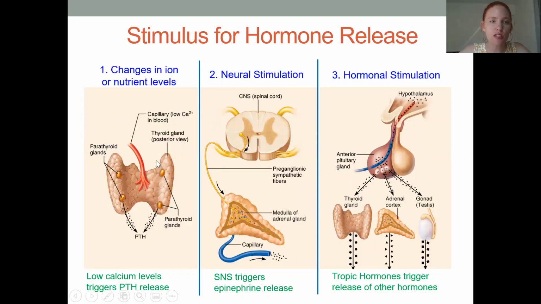The first is that they can monitor nutrient levels themselves. For example, calcium. Blood calcium needs to be maintained at a consistent level because remember that the calcium is used for a lot of different things. It's used for how neurons release their neurotransmitter. It's involved in signaling for muscle contractions. So you need a consistent supply of calcium.